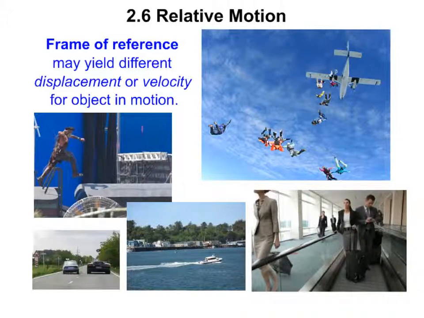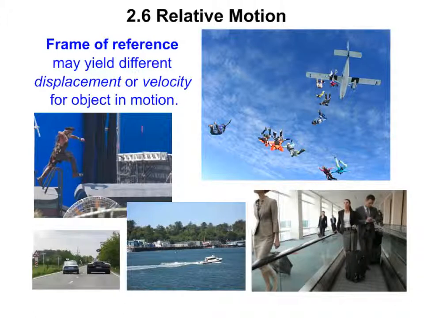Frame of reference is really important when we're talking about relative motion. The frame of reference that something is seen from may yield very different displacement or velocity for the object in motion. And you all recognize that if you think about the frame of reference of the plane.